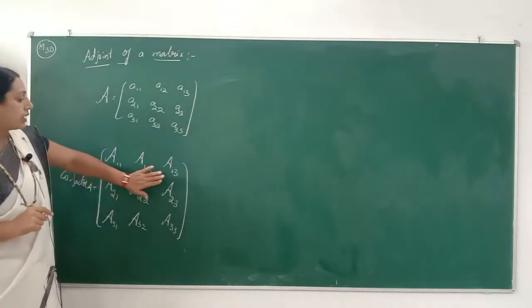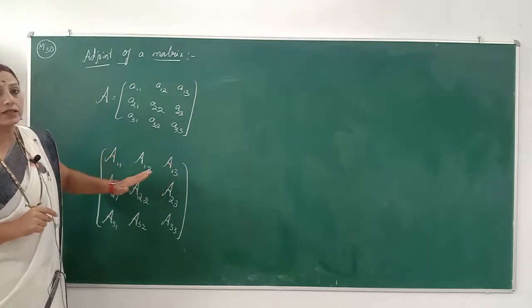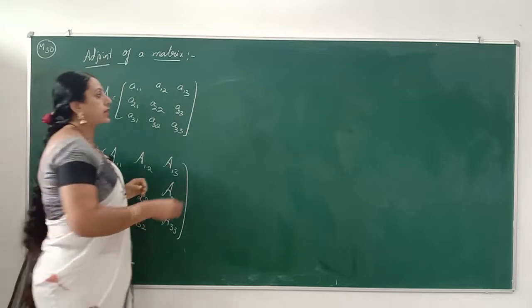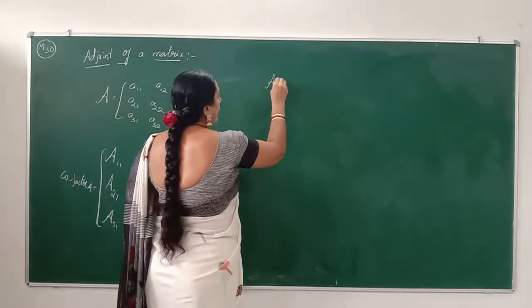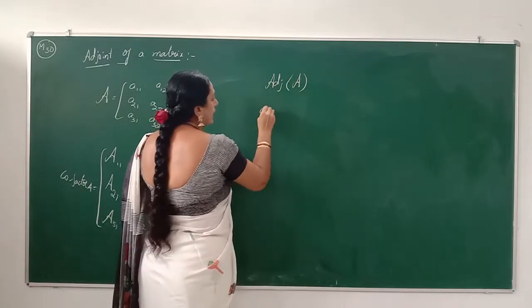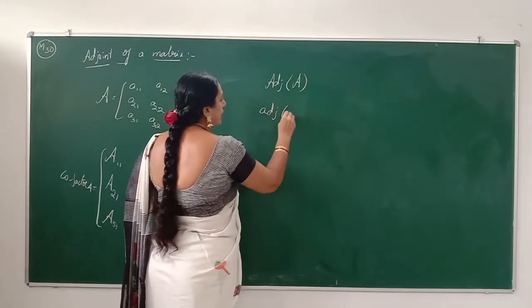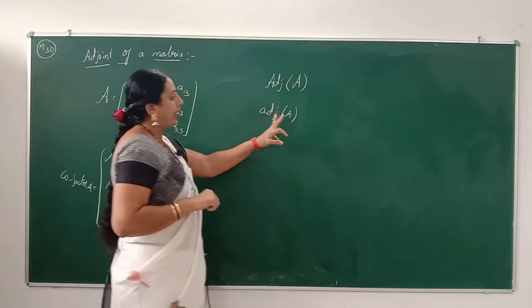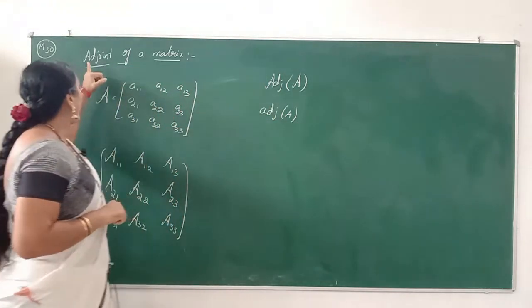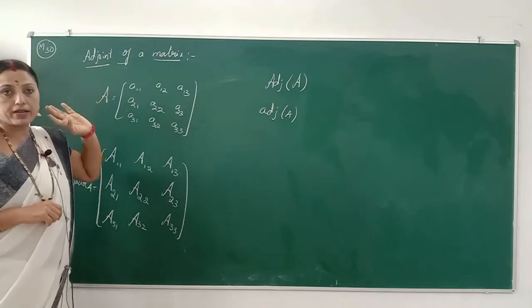Therefore, the transpose of the cofactors is called the adjoint of a matrix, and it is denoted by ADJ of A, either in capital or small letters. ADJ of A is the symbol for the adjoint of a matrix A.